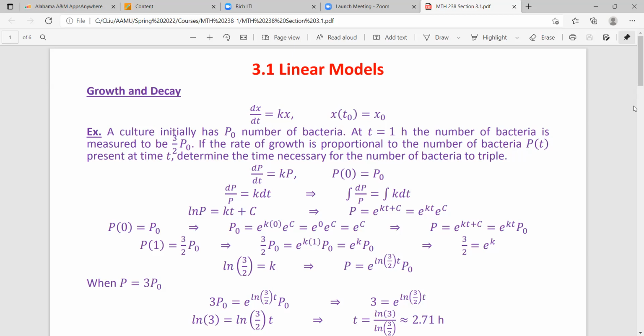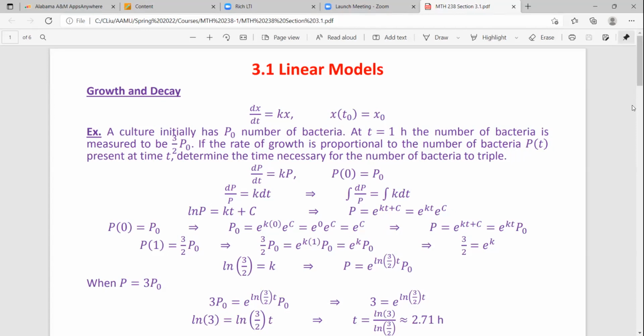I think we talked about that in chapter 1, maybe some models, but we didn't solve them. So we're trying to solve these actual problems presented in chapter 1.